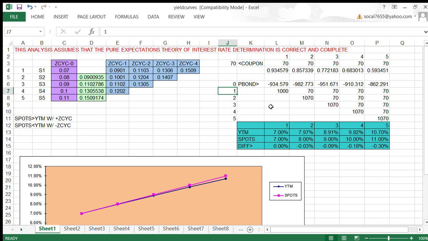And then the next step to account for the liquidity premium is just to recognize the fact that the forward rates that are shown here are not exactly equal to the future expected spot rates, but they include a liquidity premium. And I'll have a little more to say about that in my next video.